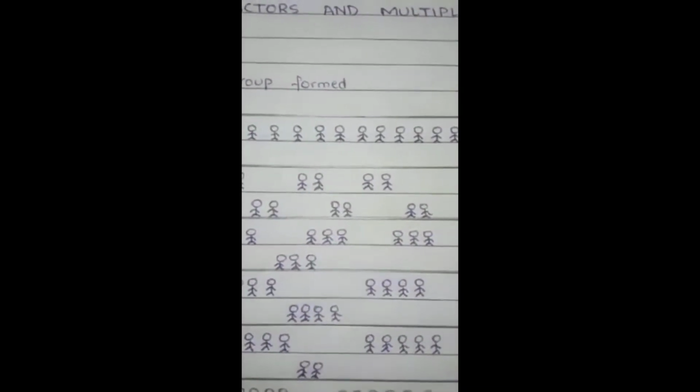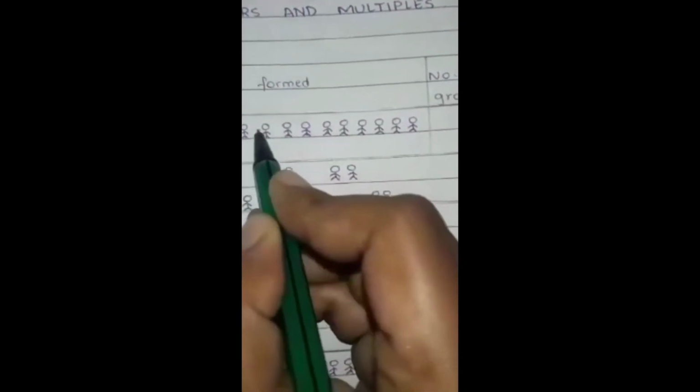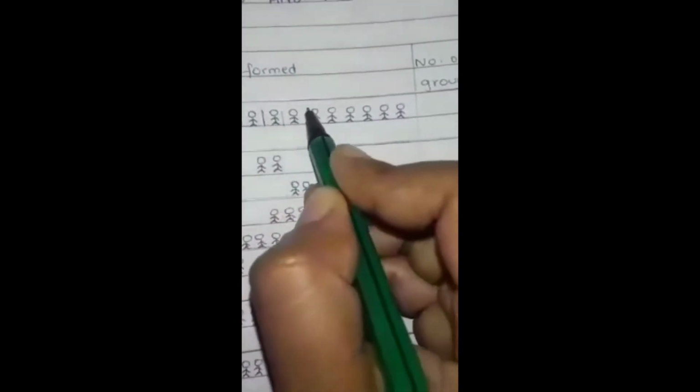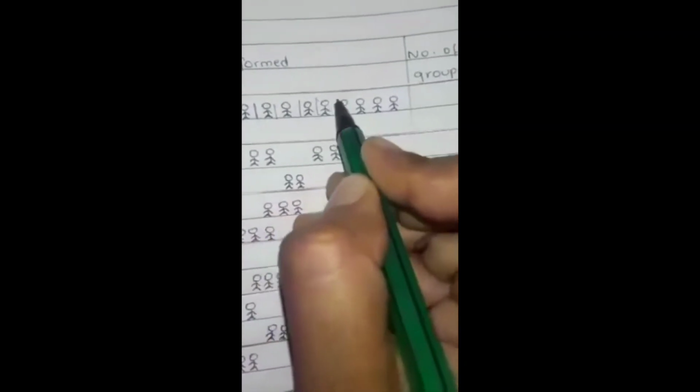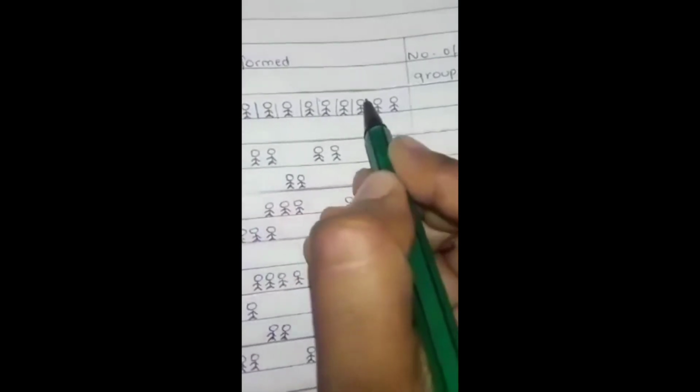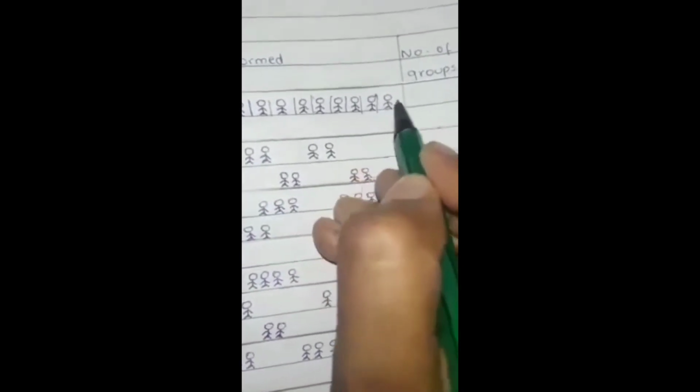First, the number announced will be 1. That is, in one group there will be only one person. So how many such groups can be made? Let us start making them into groups. 1 group, 2 group, 3 group, 4 group, 5, 6, 7, 8, 9, 10, 11 and 12.